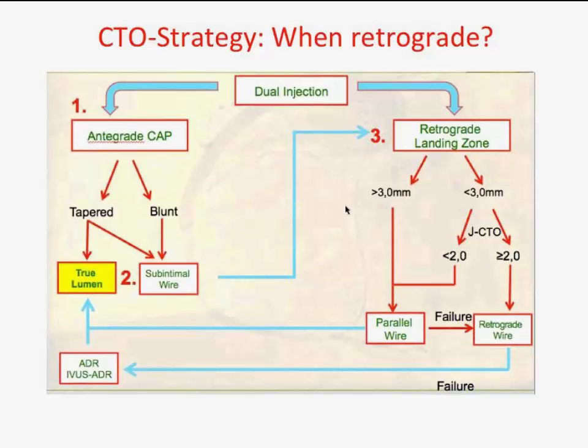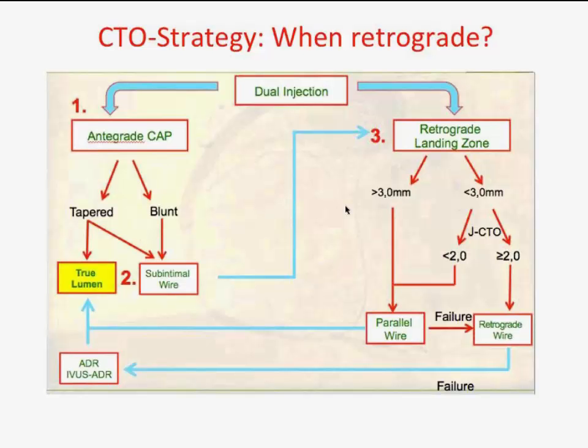Okay, so one thing is, it depends on the sheath size which you are going to do. So if you start with, when you think it's not such a complicated CTO, you start sometimes with 6 French, so you can put two FineCross in, or I start with a normal microcatheter FineCross and a wire, and if this ends up in a subintimal space, then there are two options. One is to bring the second microcatheter in, or you just trap it and leave the wire there and take a second wire.